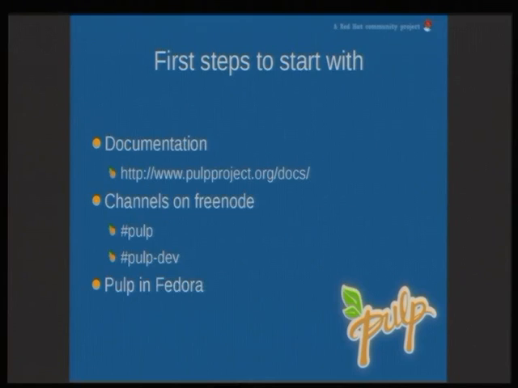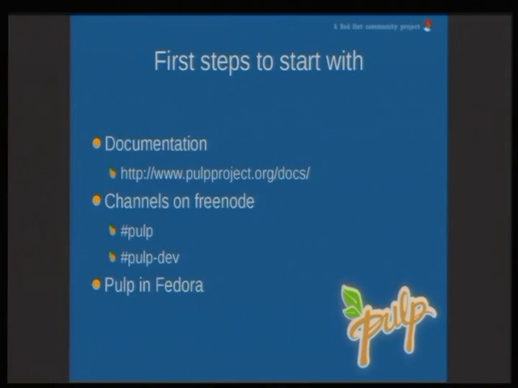We have very nice, extensive documentation, and I encourage you to visit it. You can find it on pulpproject.org/docs. And in case you are not able to find the answers to your questions, or you have some troubles and issues, you are very welcome to go to the channel on Freenode, #pulp or #pulp-dev, and we will be very happy to help you.